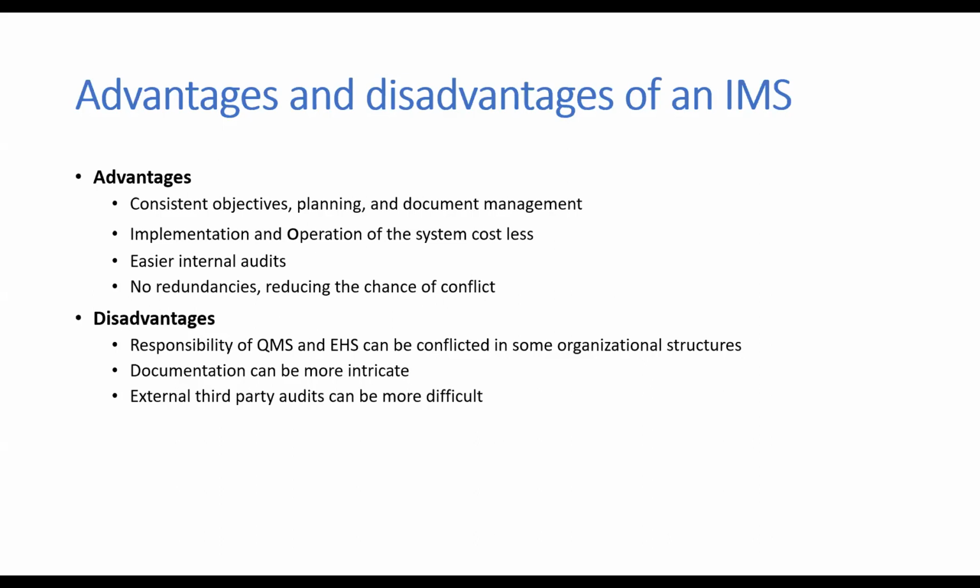He will go with one auditor to make the round of the company, while the other auditor would like to see the documentation. There is no other person with the competency to face the other auditor. This kind of difficulty is possible when you have a one man show, or one person responsible, and the other people don't have much information or are not much trained in terms of the management system.